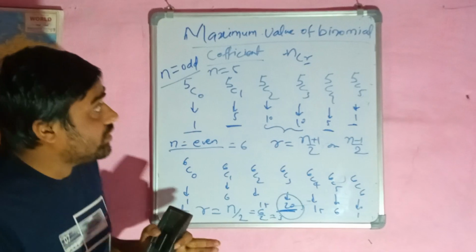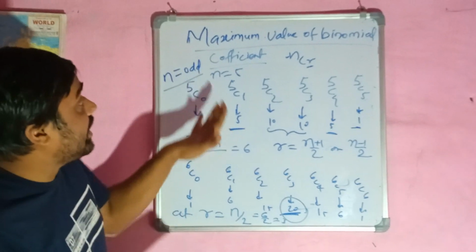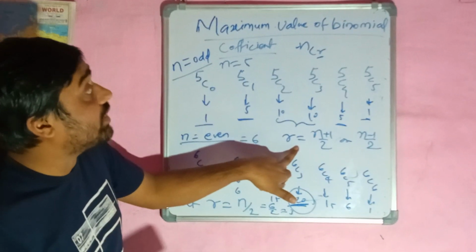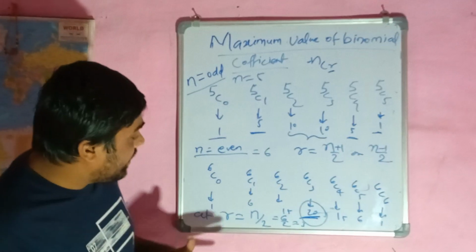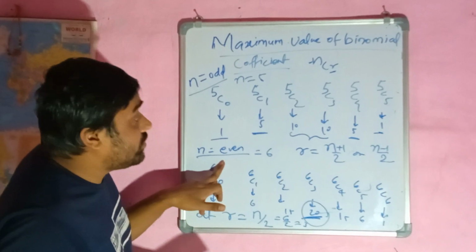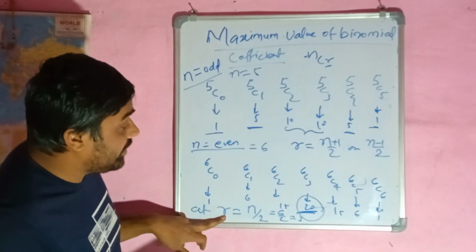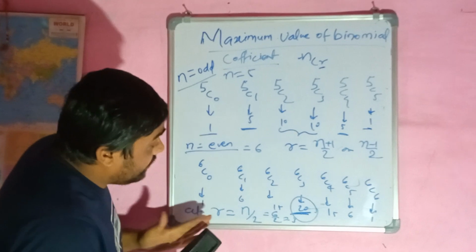So you just see this one, if you take n odd, then the maximum value of coefficient is at r equal to (n plus 1) by 2 or (n minus 1) by 2, and if I take n even, then the maximum value of coefficient will be at r is equal to n by 2.